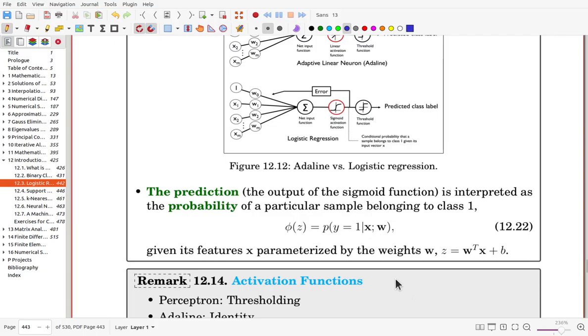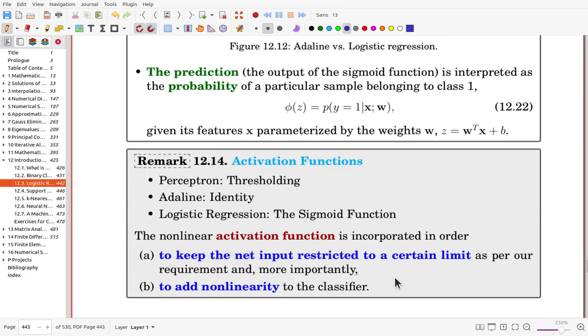Now we'll see a little bit more about activation functions. Perceptron uses the thresholding technique, and Adaline adopts the identity function for its activation, while logistic regression uses the sigmoid function.